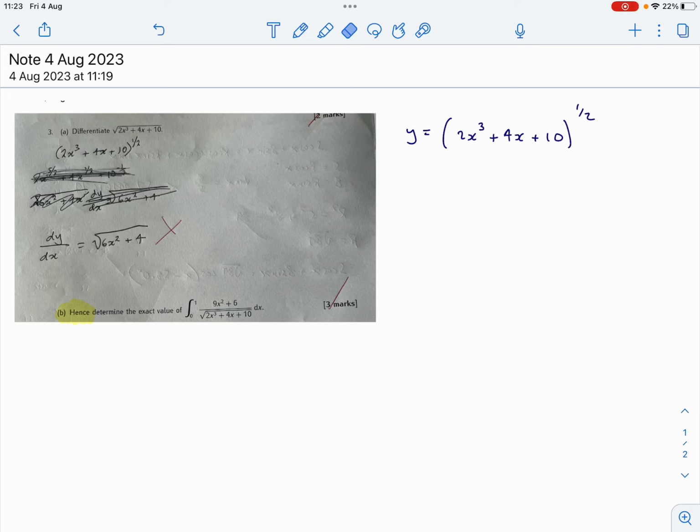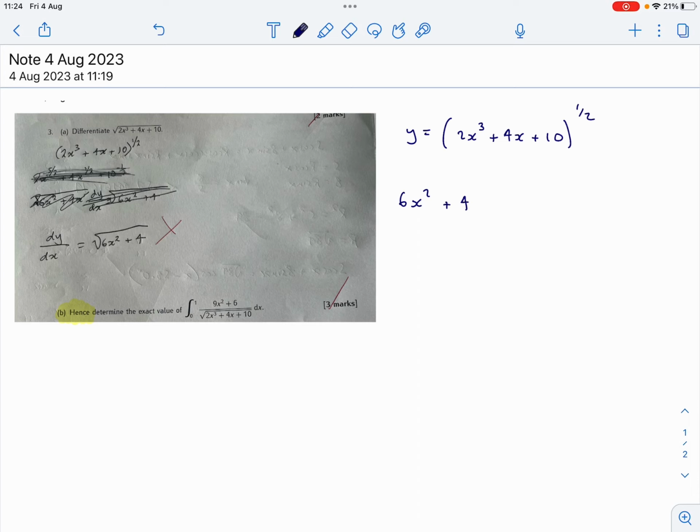So the inside function I've got here is my quadratic, and then the outside function is saying after you've applied that quadratic, you're going to square root everything. So if we've got a function of a function, that means that we're going to use the chain rule to differentiate this. So I'm going to differentiate my inside function. That gives me 6x squared plus 4.